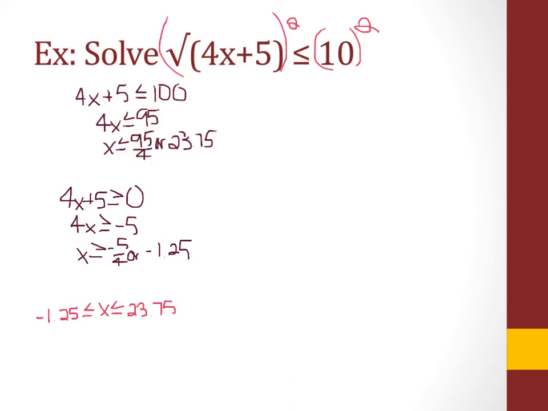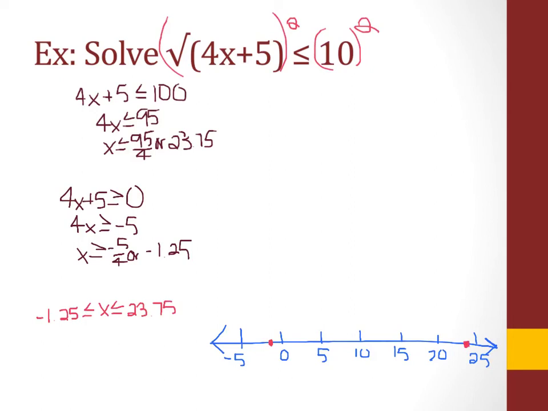However, here we need to check our solutions, and we'll actually be graphing this on a number line. So right away we'll set up our number line here. We'll count by 5, starting with -5. And here our point of -1.25 would fall right about here, and the 23.75 would fall somewhere over here.